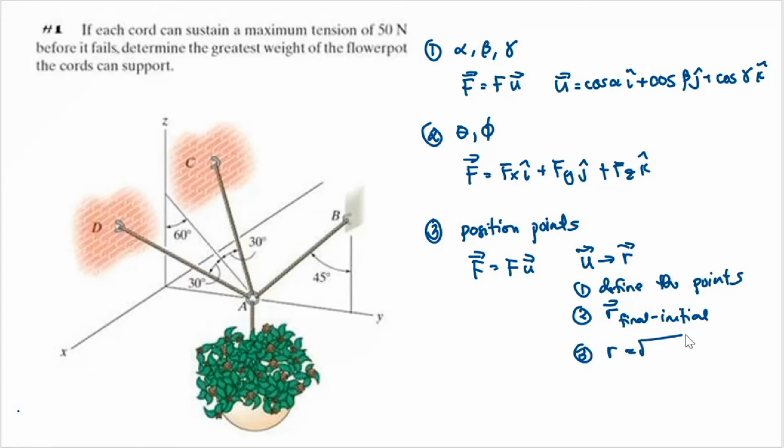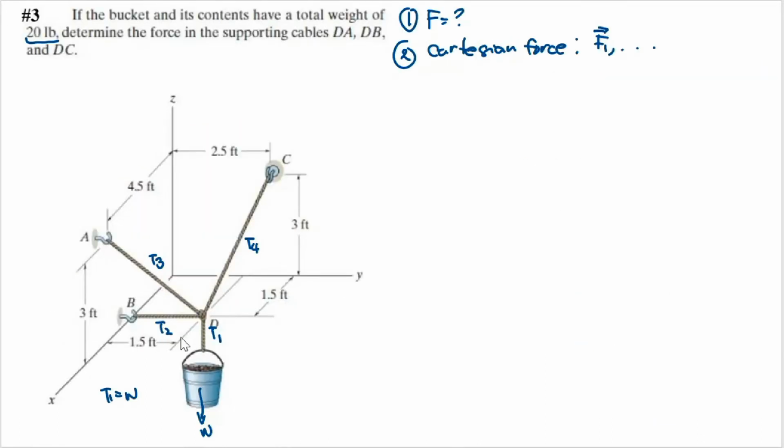So, that will be just root of rx squared plus ry squared plus rz squared. And lastly, you will now extract. The fourth is u is just equal to position vector divided by the magnitude. Definitely, this is a position vector. Okay? Position points kasi dimension ang binigay.